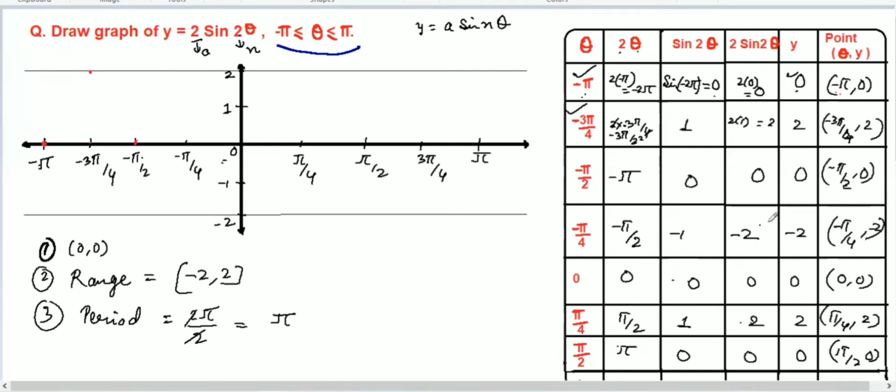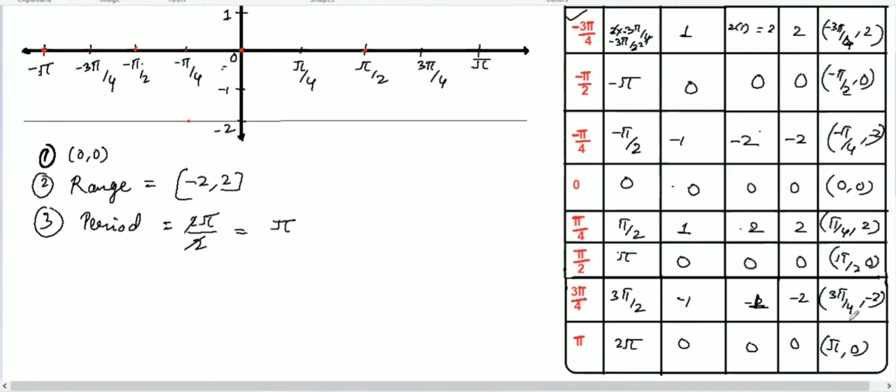Then minus pi over 4 and minus 2. So we will go down. And then 0, 0 will be here. Pi over 4, 2 will be here. And pi over 2, 0 will be here. And then we have 3 pi over 4, minus 2. And then pi, 0. Then what we will do?